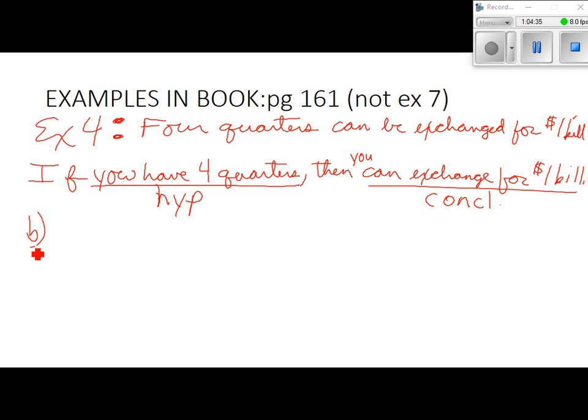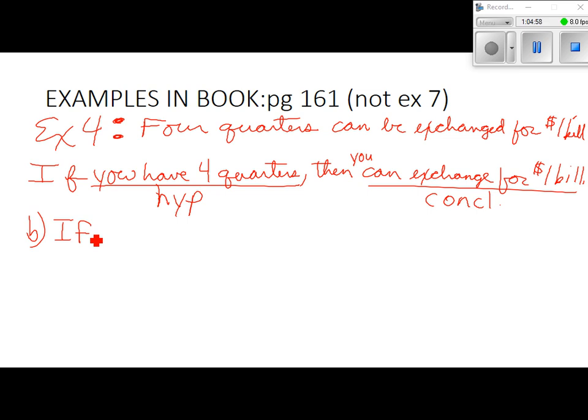Letter B. The sum of the measures of 2 supplementary angles is 180. So Hannah, what are we going to do? If what? How do we want to say it?